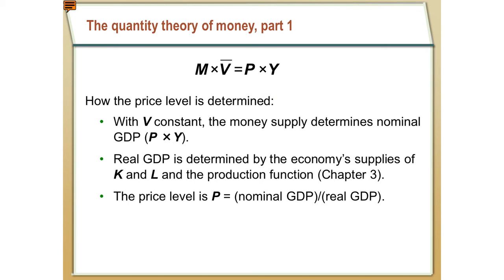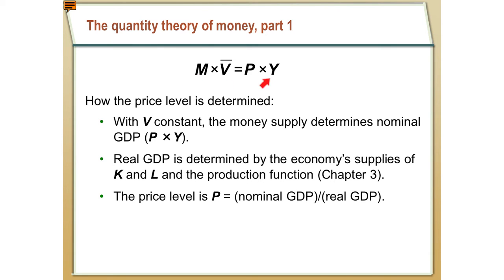We can further make some sense of this GDP variable. Remember, where is GDP determined? Well, we talked about that in chapter 3. Real GDP, the supply of real GDP, is determined by the factors of production: capital, labor, technology. It's determined outside of the model. The one thing that does not affect the production side of real GDP is the money supply.